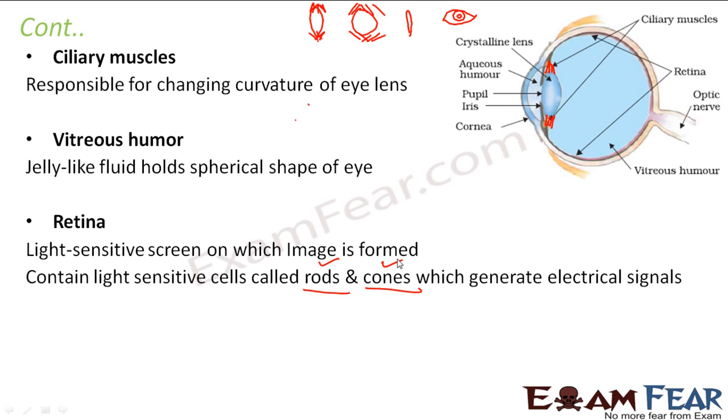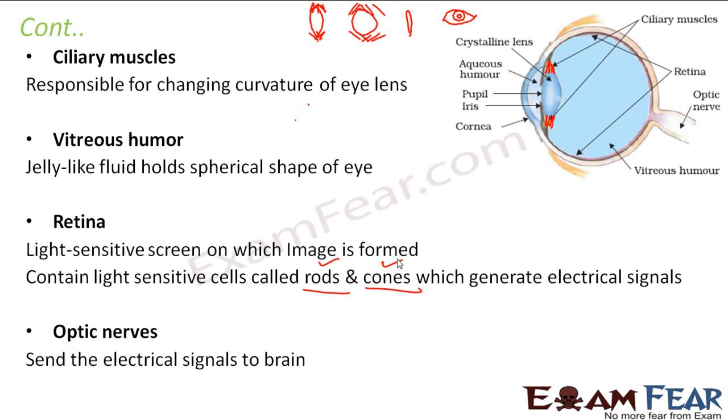These rods and cones generate some electrical signals, and then comes the role of the optic nerves. The optic nerves send these electrical signals to the brain. So what does the brain do? The brain receives those electrical signals, manipulates the signals and gives an erect image.